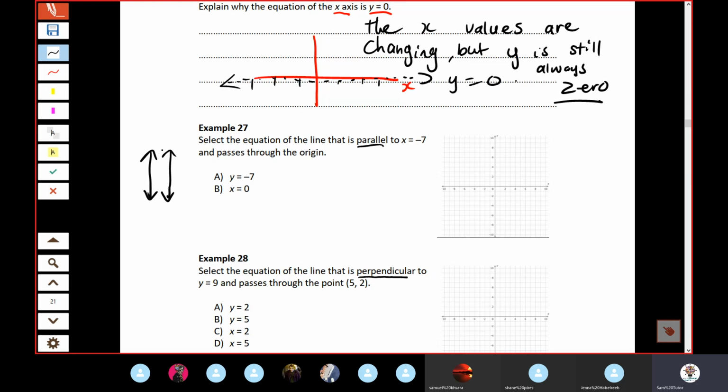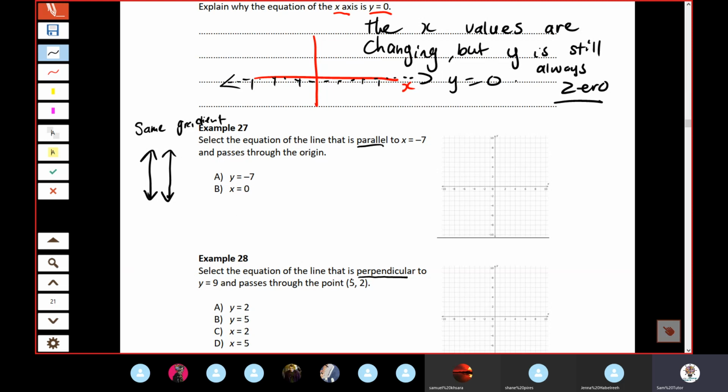They can never intersect, right? So they have the same gradient, therefore they will never intersect. So parallel lines: same gradient, will never intersect.